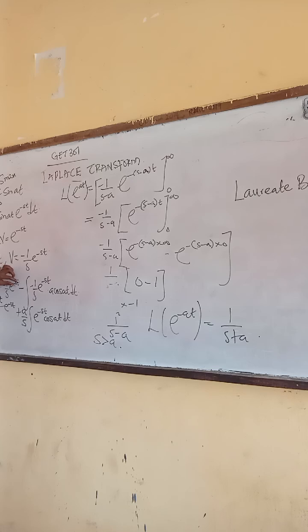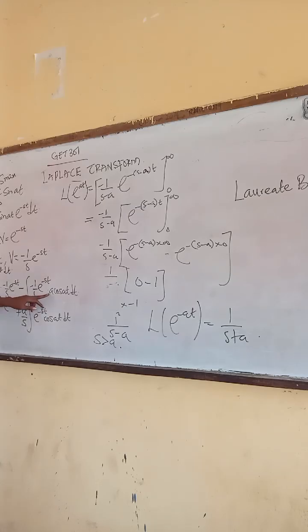So I have this minus and this minus, it becomes plus a over s, the integral of this exponential minus st, I repeat the same thing, then cos at dt. I bring it out because s doesn't have t, and a doesn't have t. This a beside cos doesn't have t, so it will not affect the integration we want to do next. That's why you bring it out.